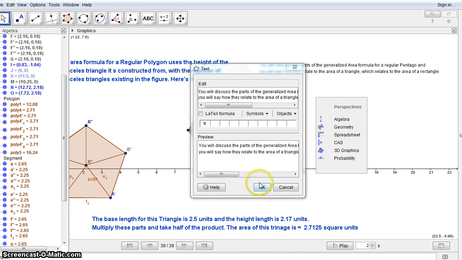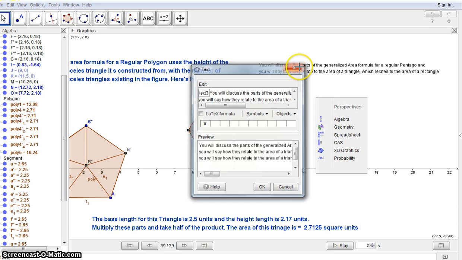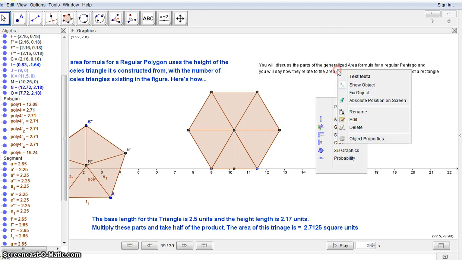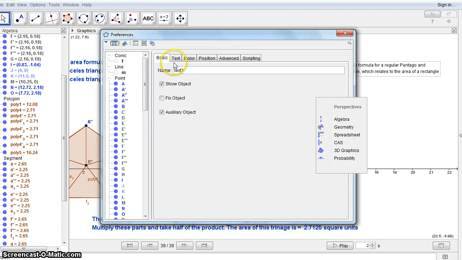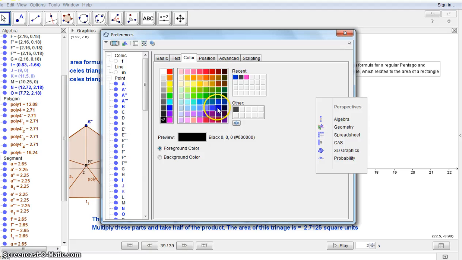You'll have access to this file so you can play around with making another figure.